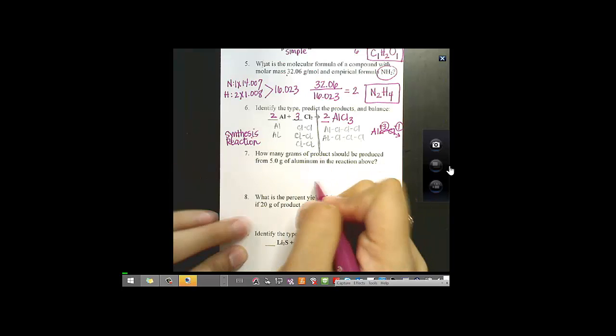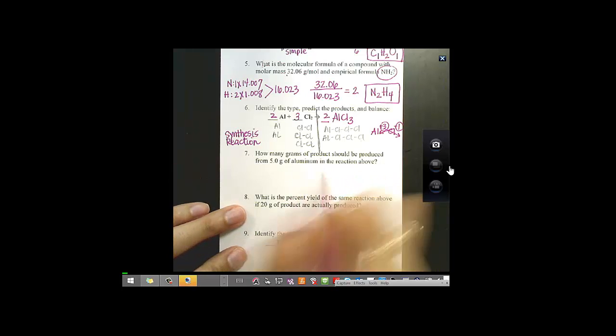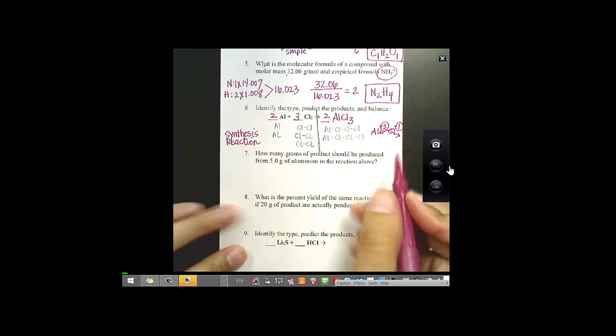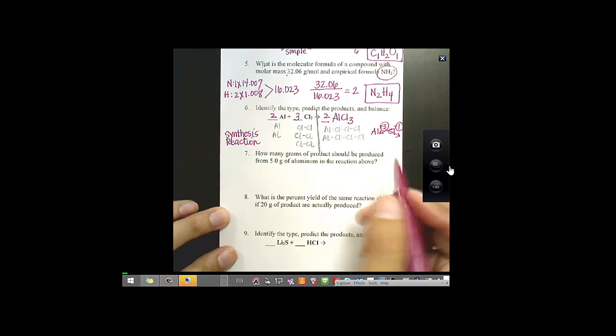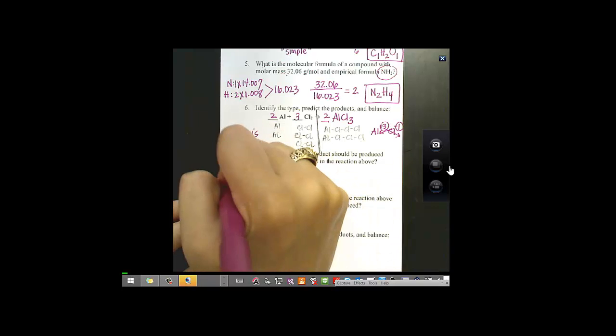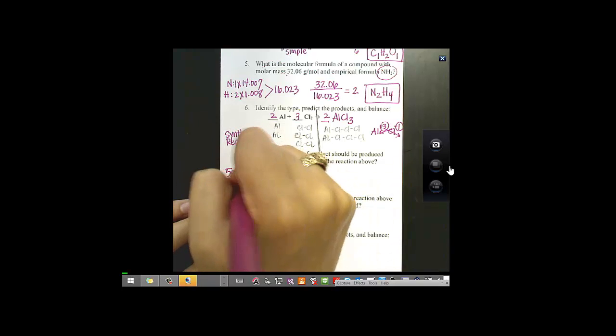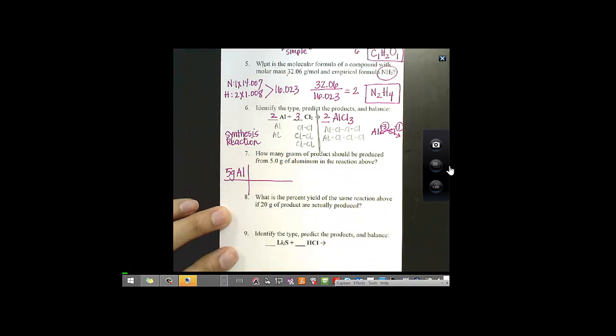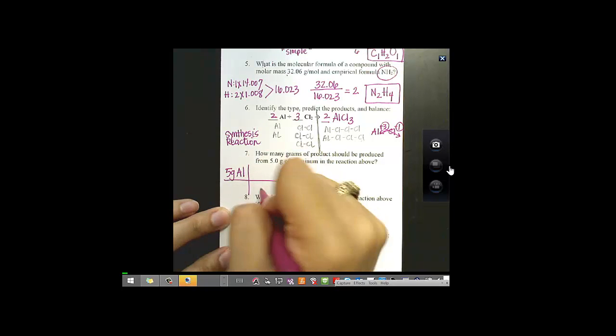Okay, we're going to use that reaction in number 7. Number 7 says how many grams of product should be produced from 5 grams of aluminum in the reaction above. So I know what I'm given. That's always going to go first. 5 grams of aluminum. I'm going to need to use dimensional analysis. So I have grams.